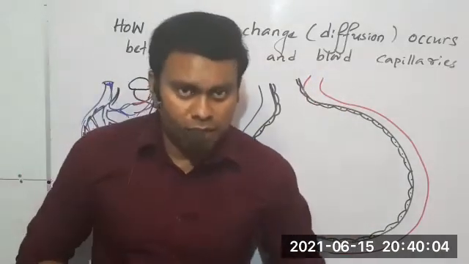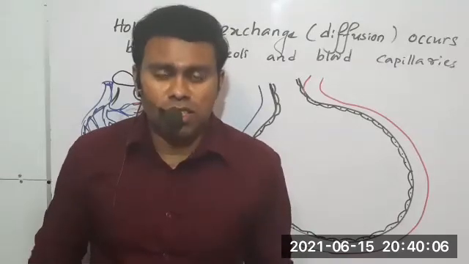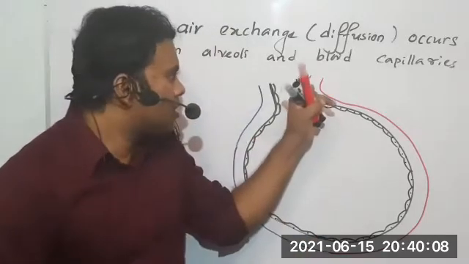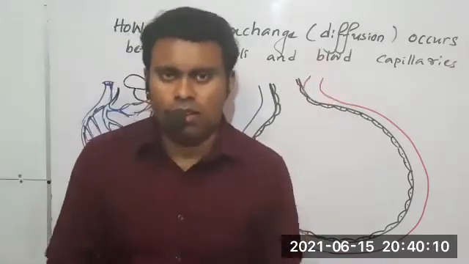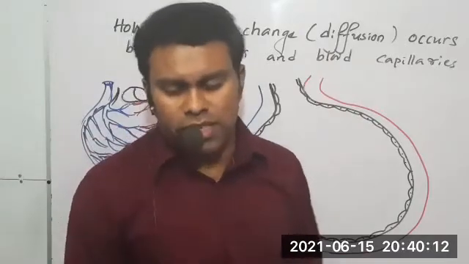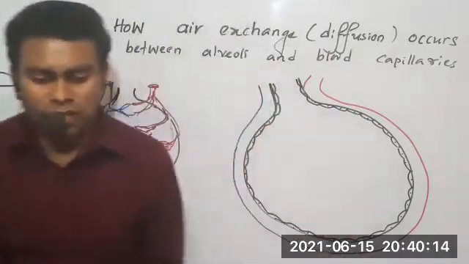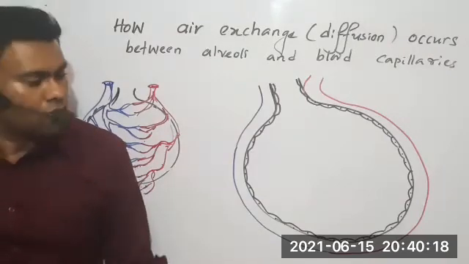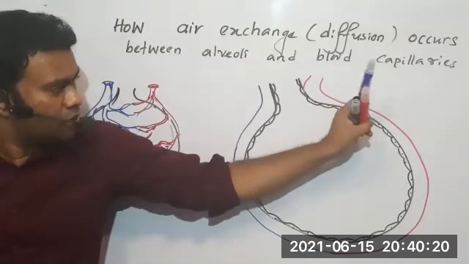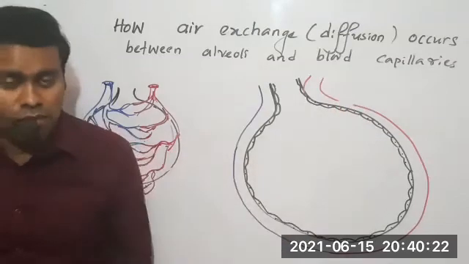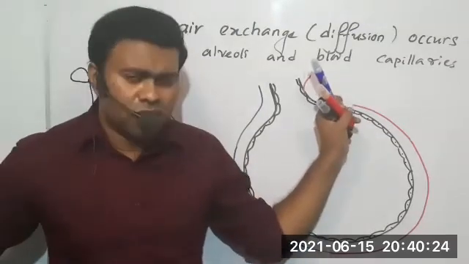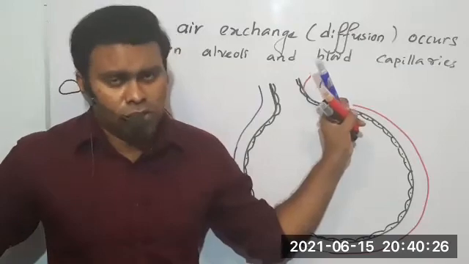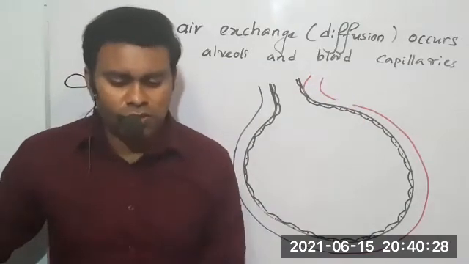So that's a capillary that brings oxygenated blood, and it is combined with the pulmonary vein. But this is also a single layer of epithelium, the simple epithelium tissue. That's also squamous epithelial tissue.